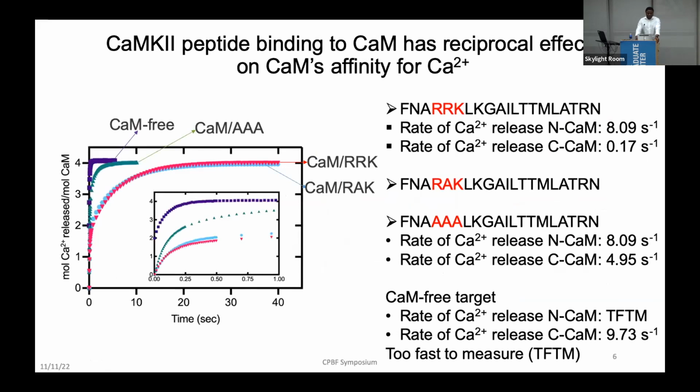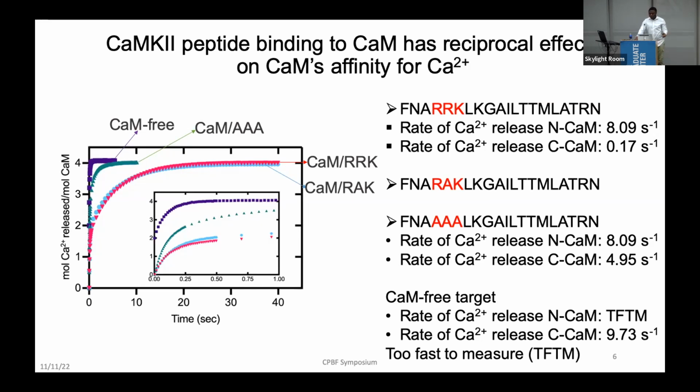we conducted the experiment based on stopped-flow measurement, where we measure the calcium dissociation rate from the calmodulin as a function of time. As you can see, calcium quickly dissociates from the calmodulin in the presence of the peptide with triple mutation, where the dissociation rate is almost similar to that of the calmodulin free target, as compared to the calmodulin in complex with the wild type, or the calmodulin in complex with RAK, which is the peptide with 1 amino acid mutation.